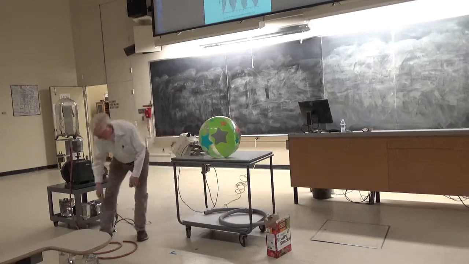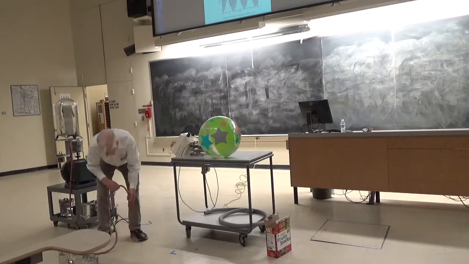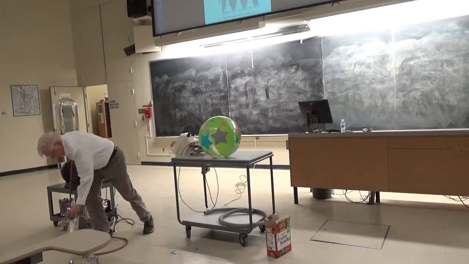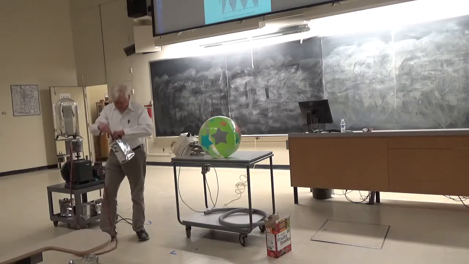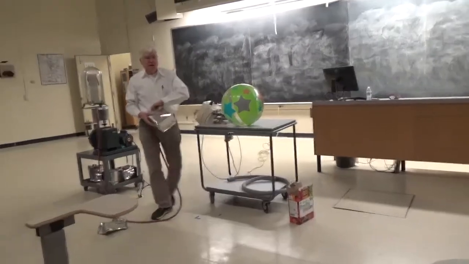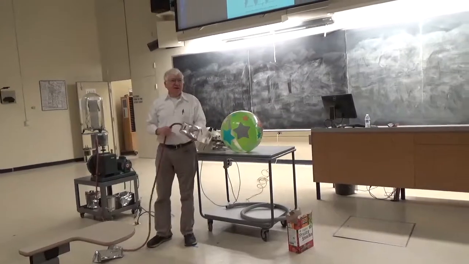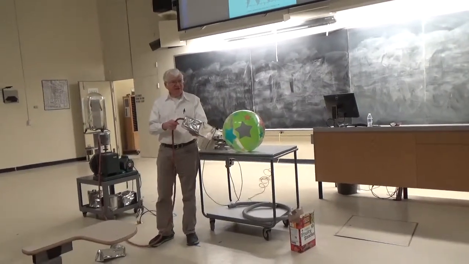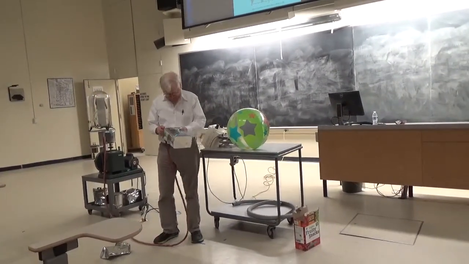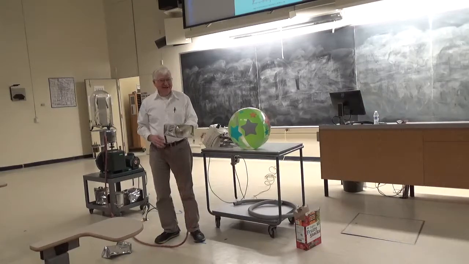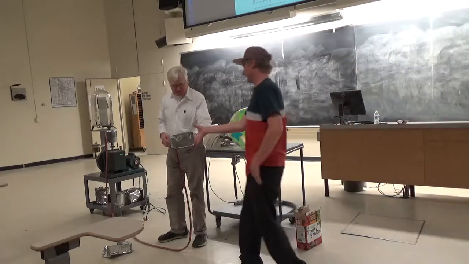Okay, well, let's do the can demo once again. As long as it doesn't go off, it's good. Atmospheric pressure on the can. You want to hold the can? All right, so you can hold the can.